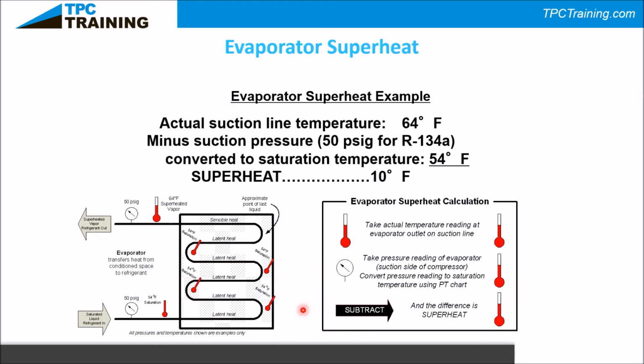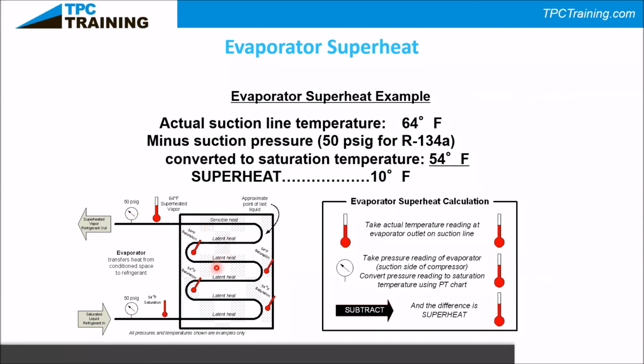So the TXV would be a device that's going to be put right here on the outlet of the evaporator. So it's going to change the amount of refrigerant coming into our system. You see right here where it says approximate point of last liquid and how much vapor we have.